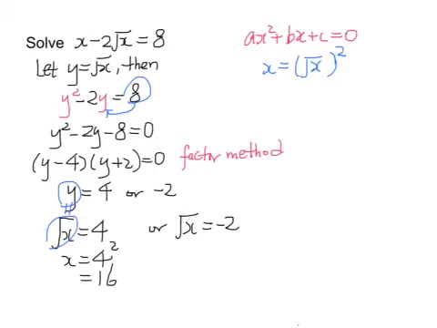Now remember, a square root of something will never end up with a negative. So therefore this is rejected. So this is the only answer. Therefore x equals 16.